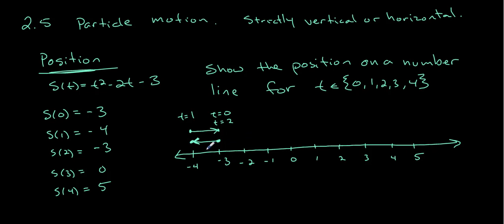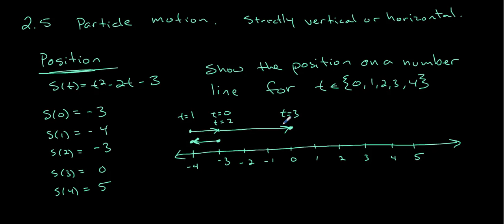All right, then t equal 3, we're way up here at 0. Tell me about this movement from t equal 2 to t equal 3. The final position at t equal 3 is at 0, right? But what about that movement?